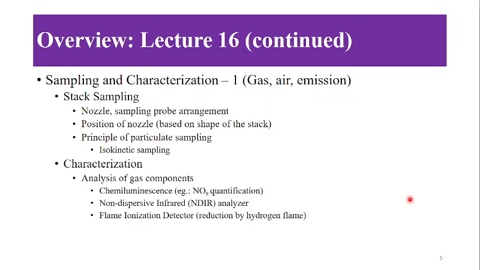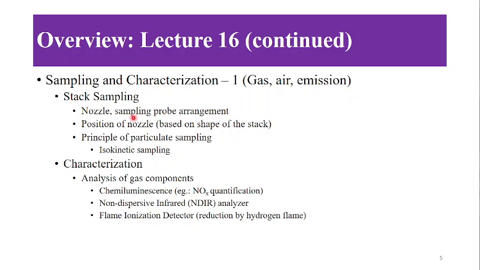Next is stack sampling. The flue gases come out of the stack from the industries. How do you sample the air from that? As you know, the stack can be of different shapes. Based on that, you need to have a nozzle present in the stack, which collects the air sample.